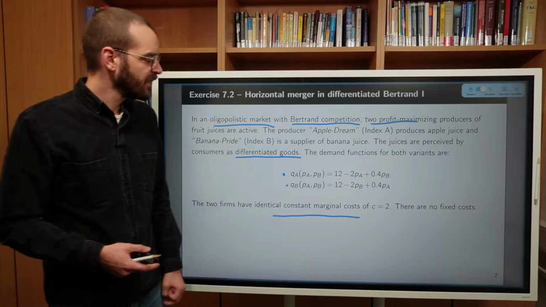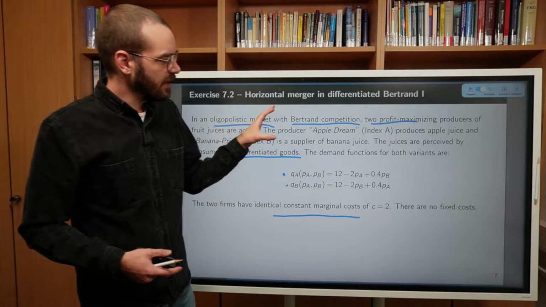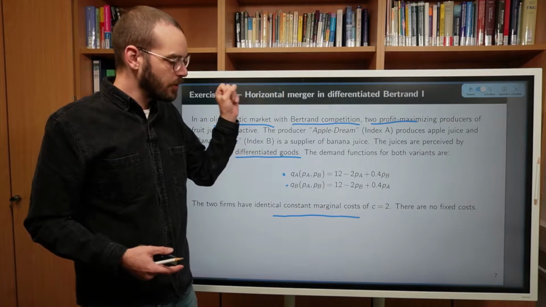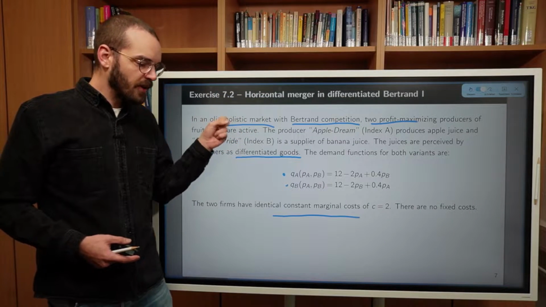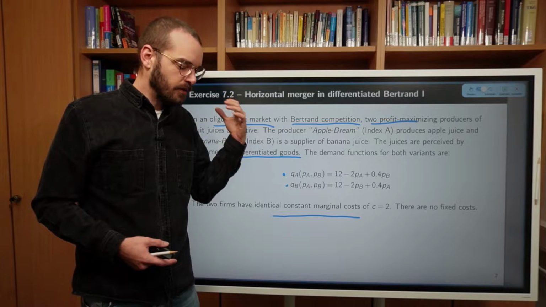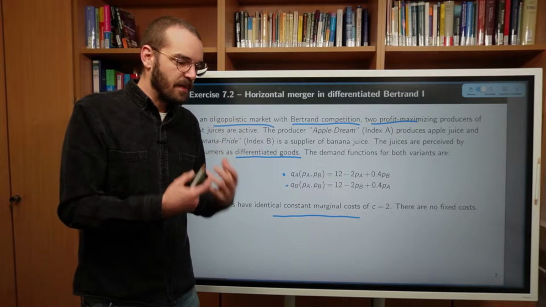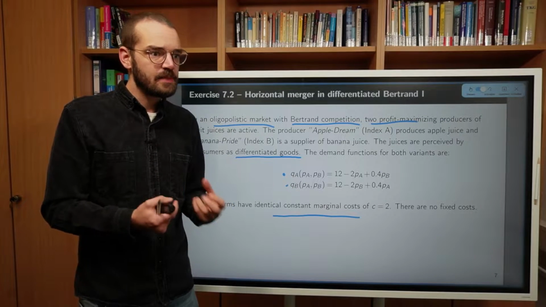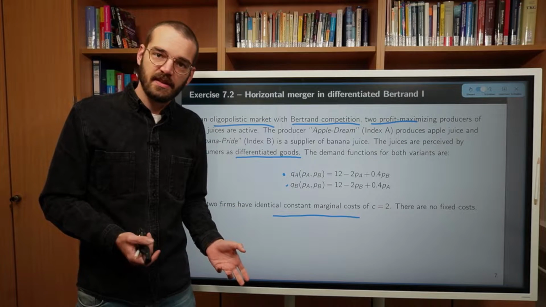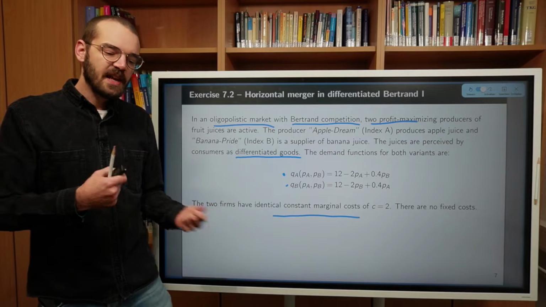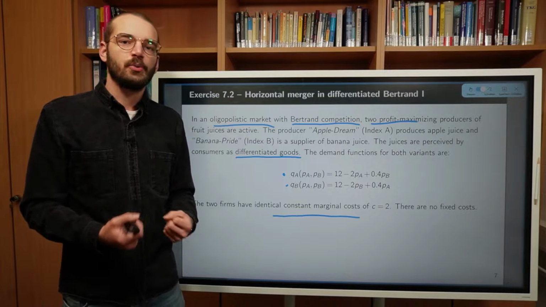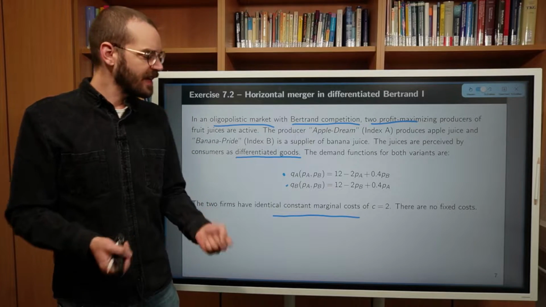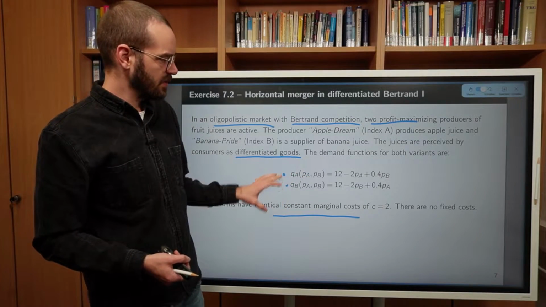Now, all of this is quite different when it comes to differentiated goods, of course. Now the demand a firm is facing will not drop to 0 as soon as their price is marginally larger than the price of their competitor. Instead there's some substitution going on between the goods of these 2 firms that is not a perfect substitution. And we can see this when we look at the demand functions, right?